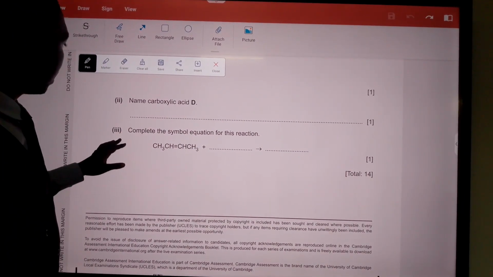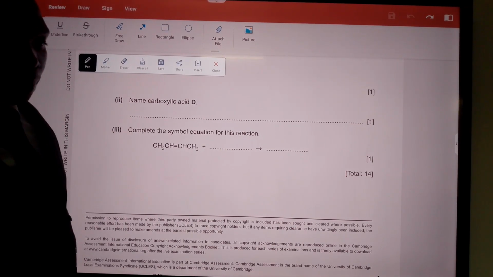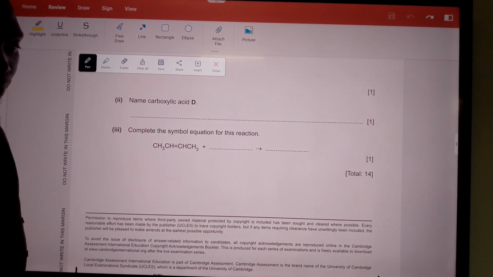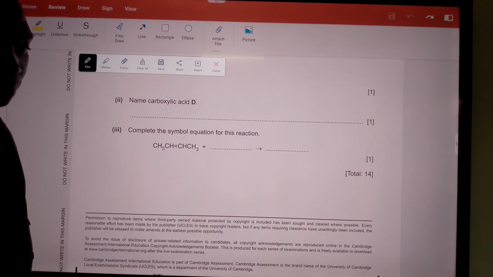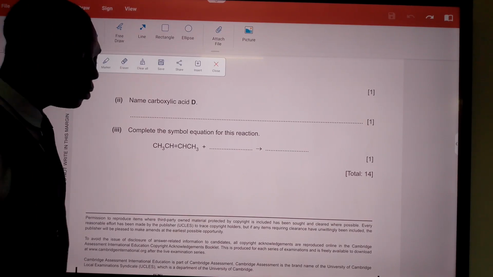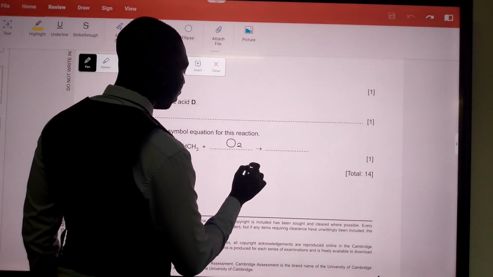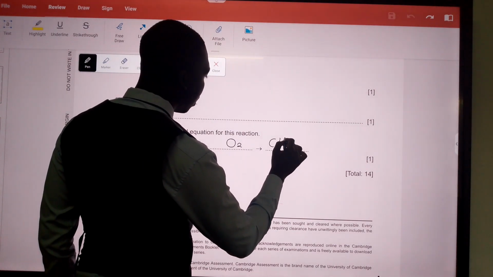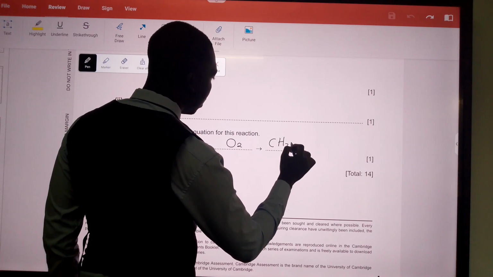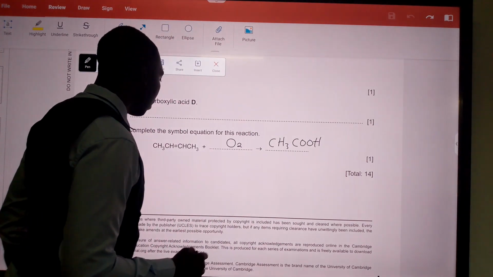The last part, item 3, says complete the symbol equation for this reaction. Since we are told that it reacts with oxygen, we put oxygen here, O2, and it forms ethanoic acid, which is CH3COOH.